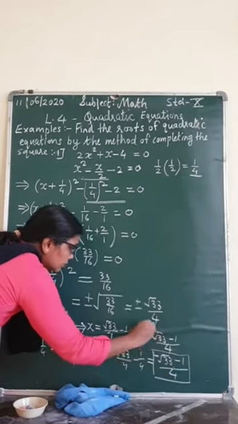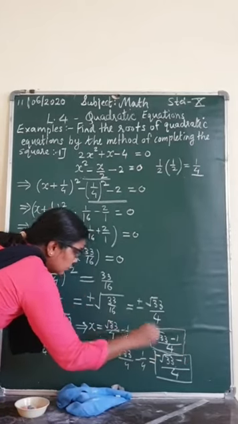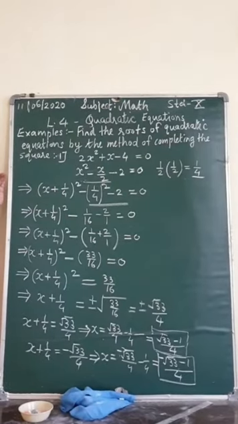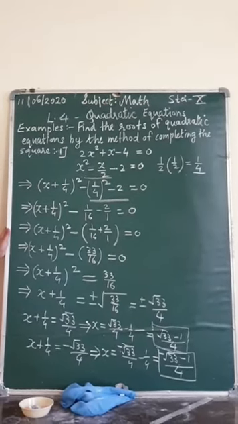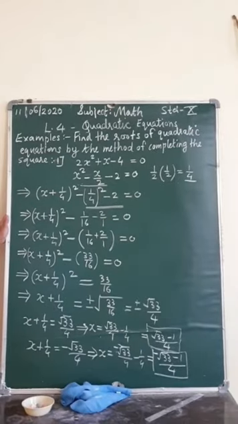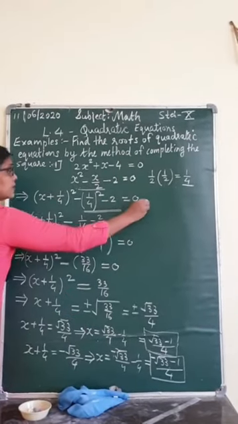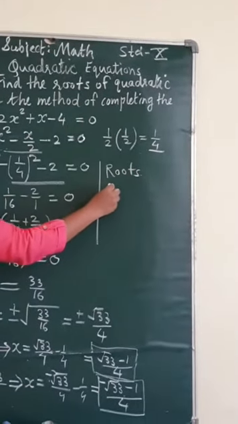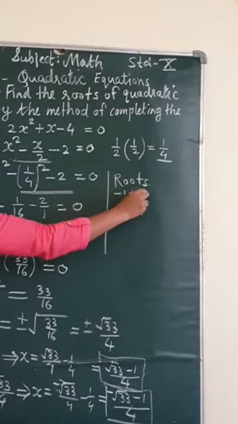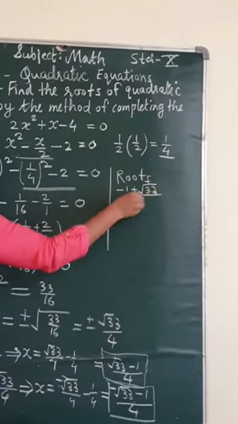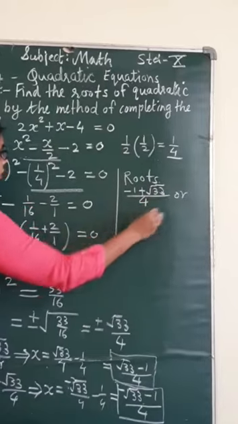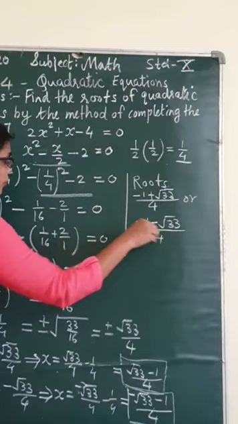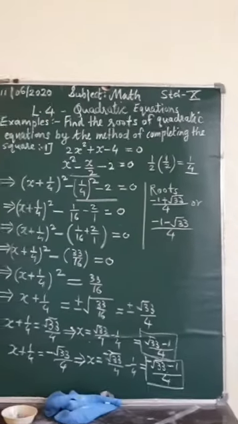And these are the roots of this quadratic polynomial by the completing the square method. Thus the roots we write as minus 1 plus square root 33 upon 4, or minus 1 minus square root 33 upon 4.